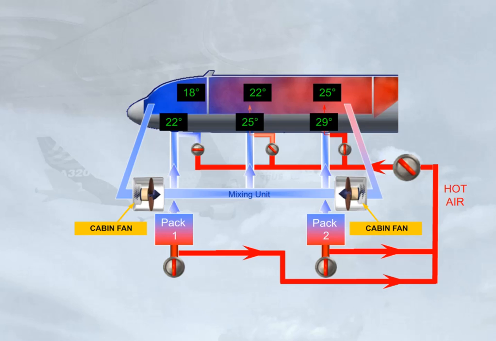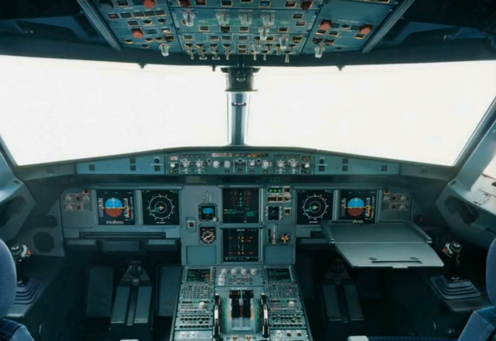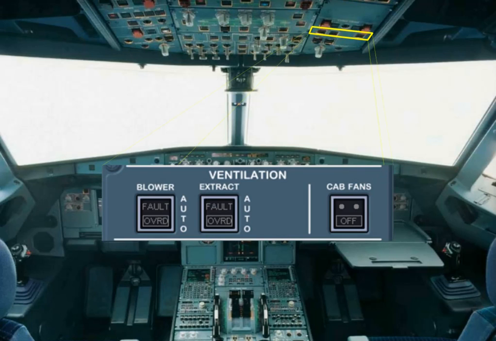These fans establish a recirculation flow of air from the 3 aircraft zones to the mixing unit. In normal operation, there is no ECAM indication related to the cabin fans. The cabin fans push-button switch on the ventilation panel controls the cabin fans. This push-button switch can be used to switch the fans off in response to ECAM procedure.